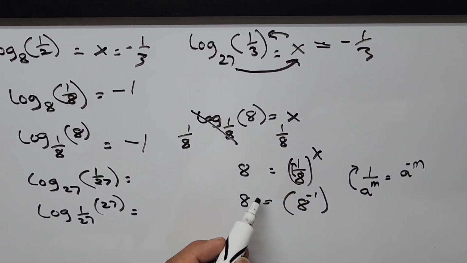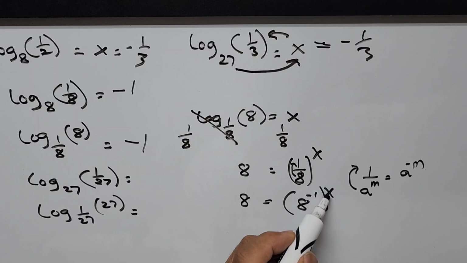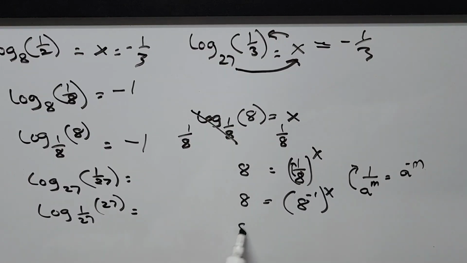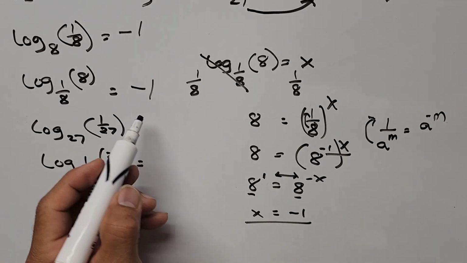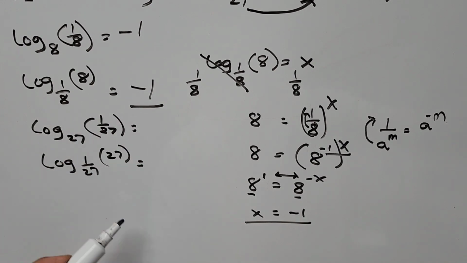And let's go back. Existing exponent is x. So we have 8 is equal to 8 to the power of, we have this multiplied, right? So negative x. So left side is 8 exponent 1. So the bases are the same. So exponents can be equated, right? So x is equal to negative 1. So here is the answer, negative 1.